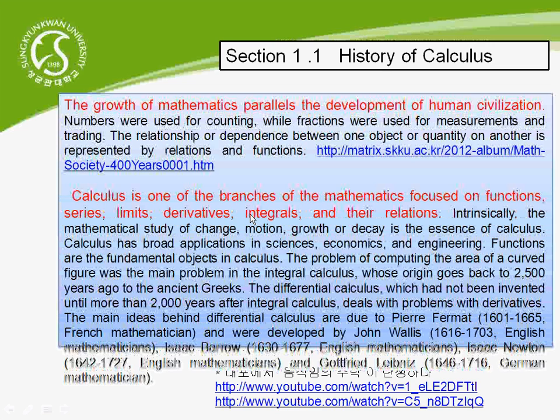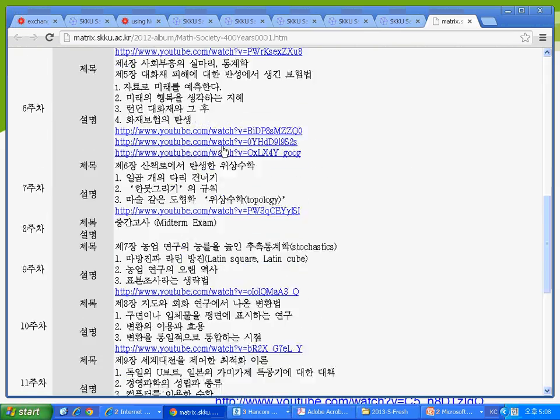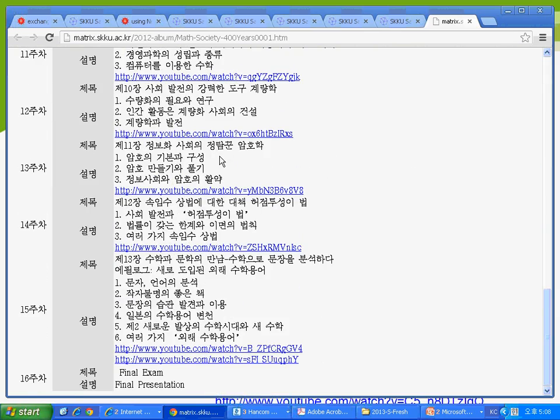Before we go, if someone has a curiosity about what effect the growth of mathematics had on the development of our life, you may go to this web address. This website shows all the lectures that I gave at 성균관대 University last year.